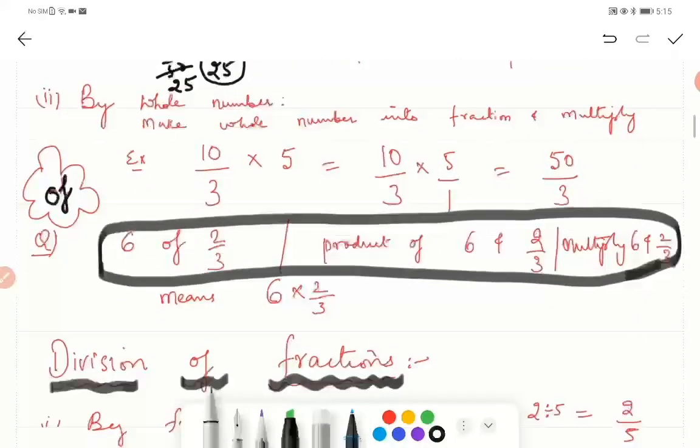If the question is like the product of 6 and 2 by 3, or 6 of 2 by 3, that is also a product. 6 of 2 by 3 is nothing but 6 into 2 by 3. 'Of' means it will come in a bracket, something like this. So don't get confused.